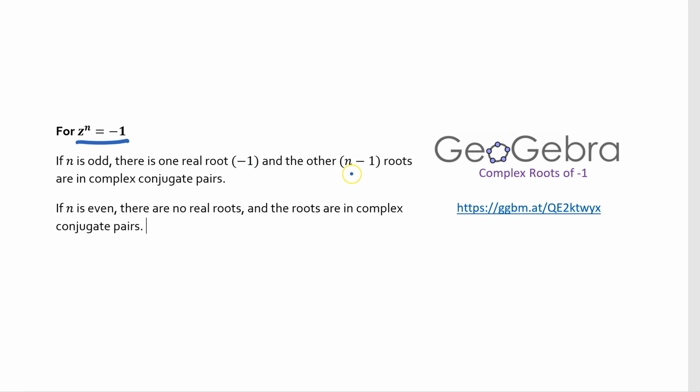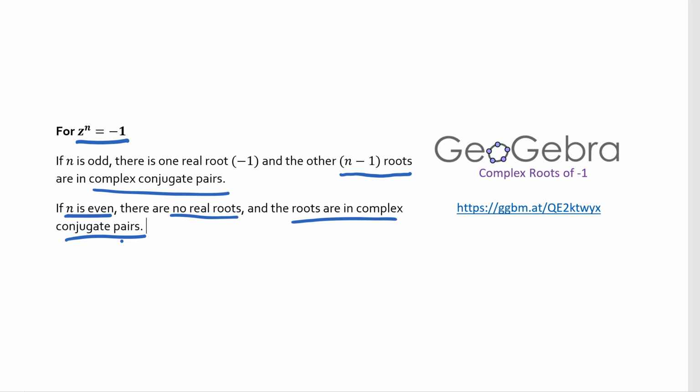So if n is an odd number, then the other n minus 1 roots are complex conjugate pairs, and if n is even, there are no real roots. So if n is an even number, like z squared equals minus 1, we know that there's a complex root, but there's no real root. There's no real numbers that can multiply together to give us a negative answer. So all of the roots are in complex conjugate pairs.